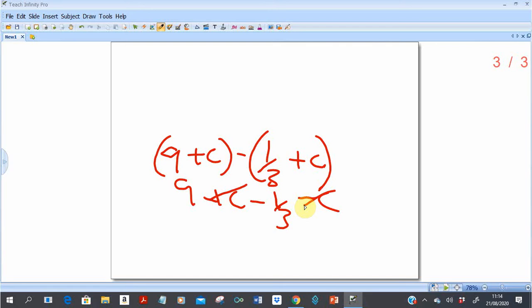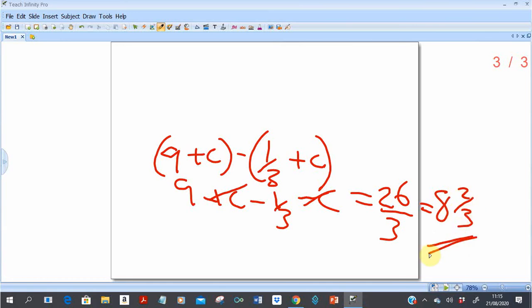So you just have 9 minus 1 over 3, which gives you what? 9 times 3 is 27, minus 1, 26 over 3. And 26 over 3, 3 goes 8 times, and then the 2 over 3. Okay, so notice that is our final answer.